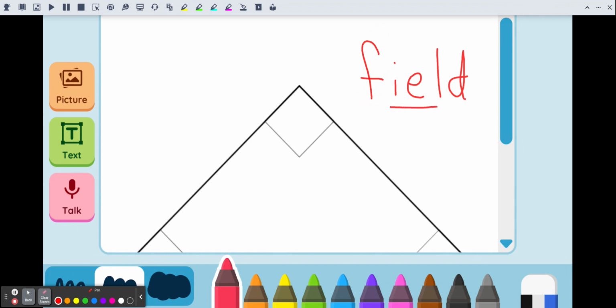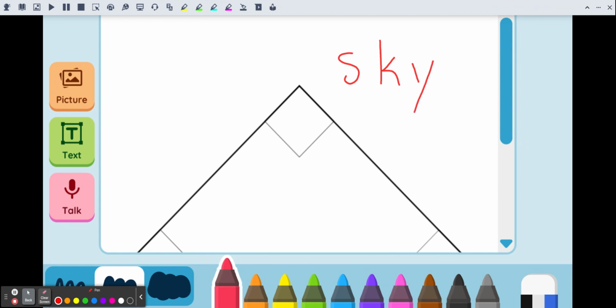Did you say field? If so, you are correct. Sky is correct. Time is the correct answer. Remember, if you do not get it right, make sure you take away one of your points. Let's be fair with yourself.